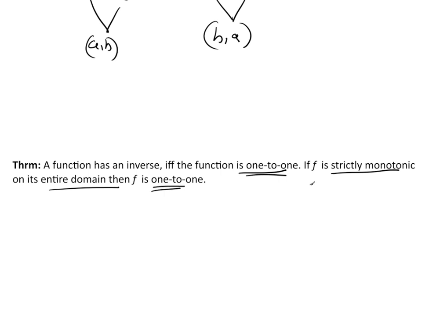So how do we determine if it's monotonic? Something that's monotonic is consistent. Something that's monotonic increasing is always increasing. Something that's monotonic decreasing is always decreasing. And how can we do that? Well, we can check with a derivative.